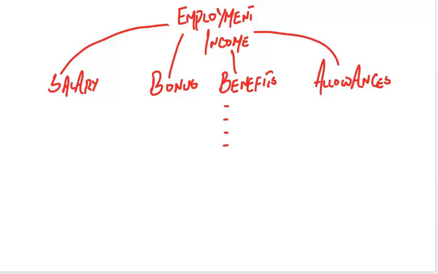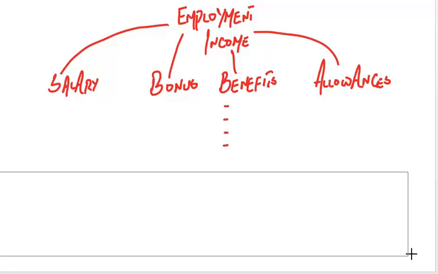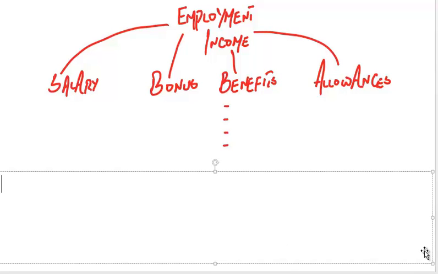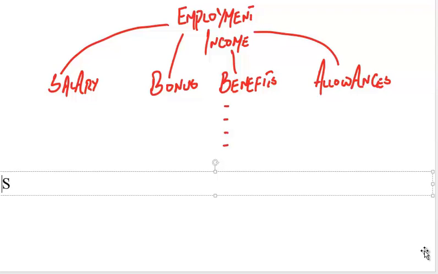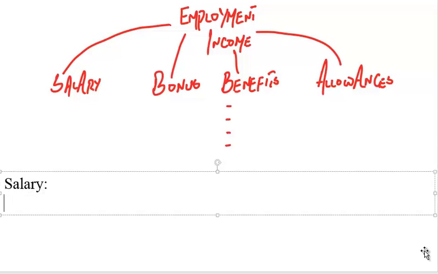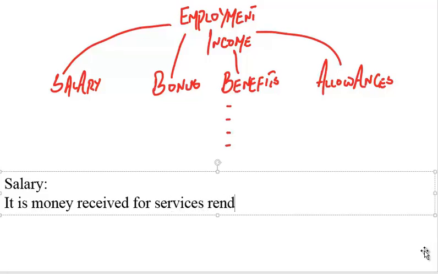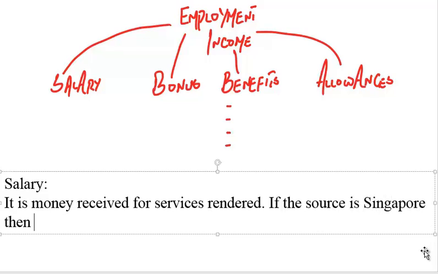So the first one is your salary. Salary is taxable if the source is in Singapore. What is salary? It is money received for services rendered, right? If the source is Singapore, then it is taxable income.